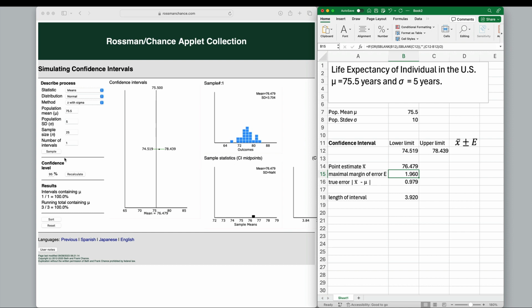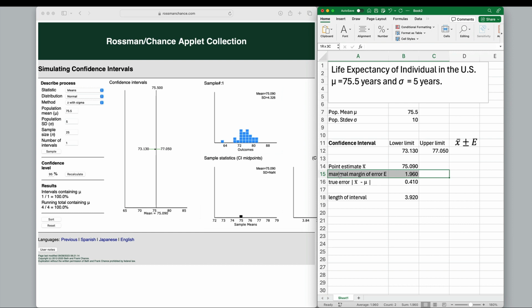Okay, do it one more time. Got another sample of 25. This time, though, we got a left endpoint or lower limit of 73.130 and 77.050. Okay, so we got a point estimate of 75.090, that's our sample mean.